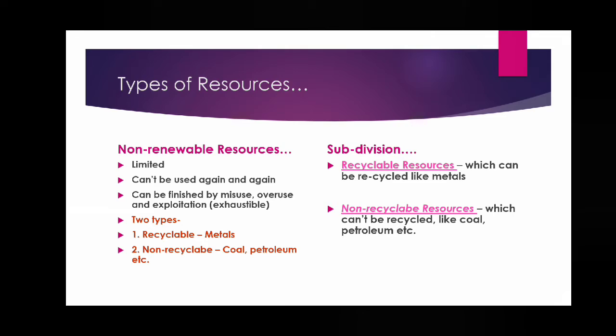Will coal be available continuously? No, you can't. But if you compare coal and wind, which one is available continuously? That is wind, not coal, because coal is going to be finished. Day by day its amount is decreasing due to our misuse, overuse and exploitation. That's why it is called non-renewable.